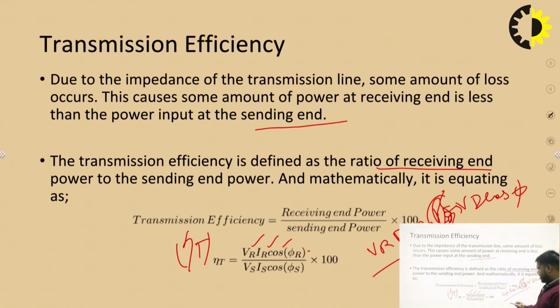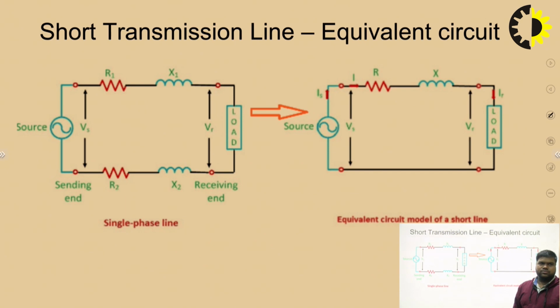So sending end voltage Vs multiplied by sending end current, that is Is, into cos phi s. So this is the transmission efficiency formula: eta t equal to Vr Ir cos phi r divided by Vs Is cos phi s into 100. This is the formula of transmission efficiency. In short questions, these things may be asked from the examination point of view.